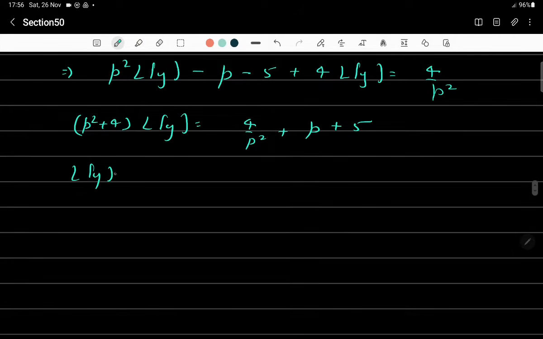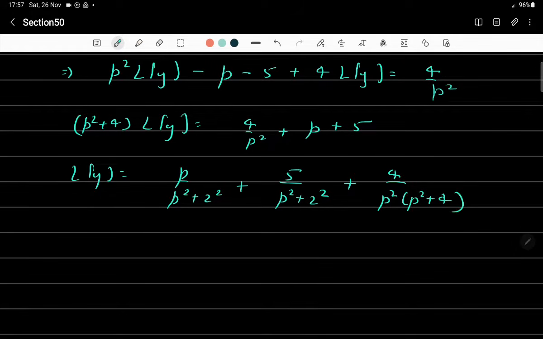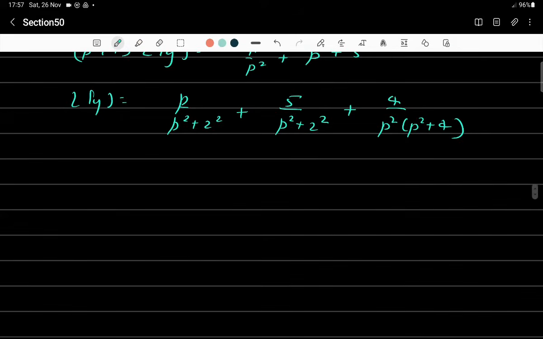It means my L of y is p by p square plus 2 square, plus 5 by p square plus 2 square, plus 4 by p square times p square plus 4. Now I do not know the Laplace inverse of 4 by p square times p square plus 4, so I further simplify it, and you can see that it can be easily written as 1 by p square minus 1 by p square plus 4.